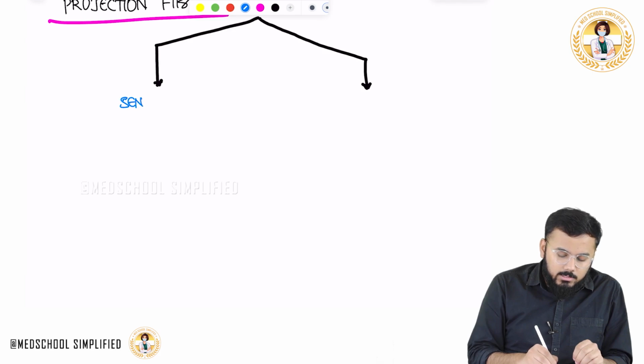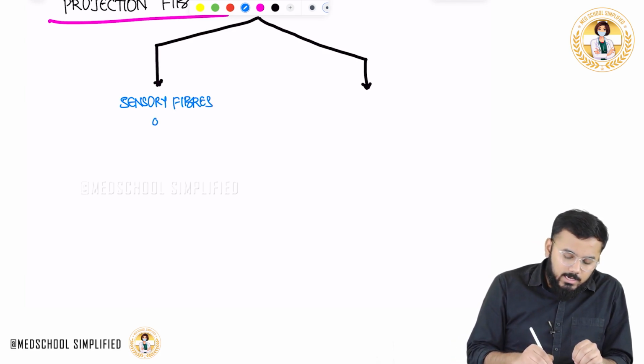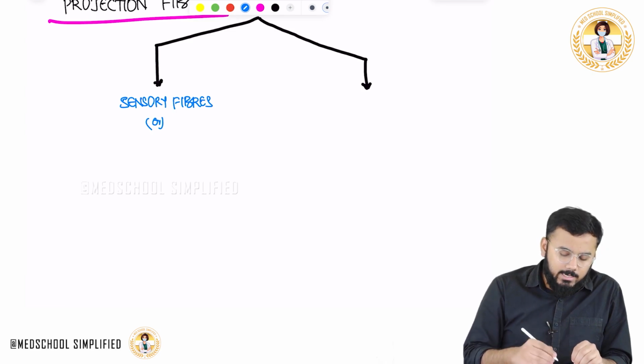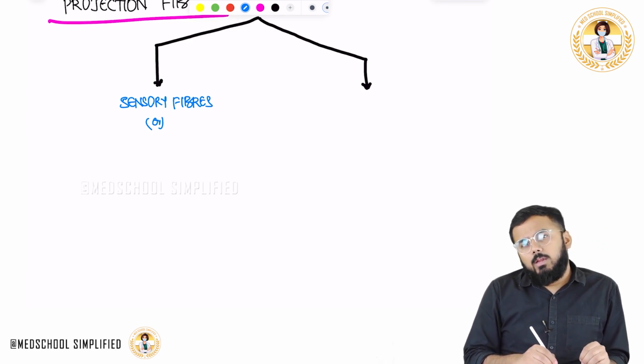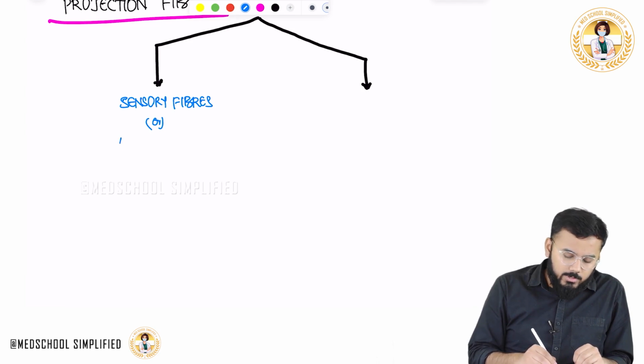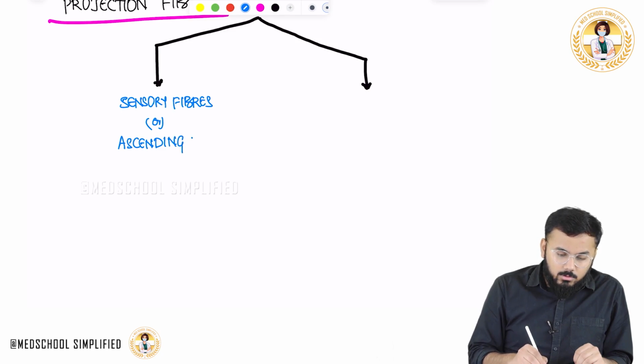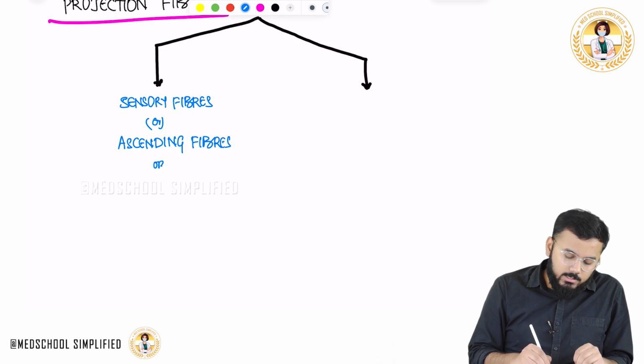One is called the sensory fibers. What is the other name for the sensory fibers? They are ascending up. Sensations go to the brain, right? So they are ascending fibers; sensations have to be taken up. What is the other name for these ascending fibers?